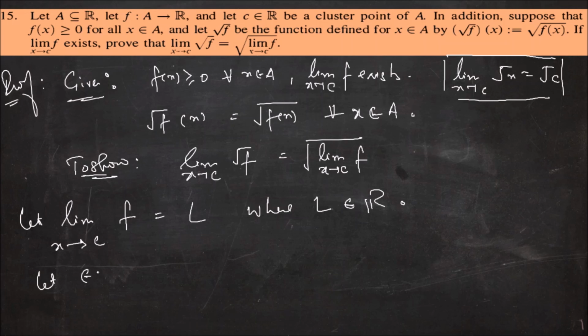So let epsilon greater than 0 be any real number. Now we will show that root of fx minus root of L is less than epsilon whenever 0 is less than mod x minus c less than delta for some delta greater than 0.